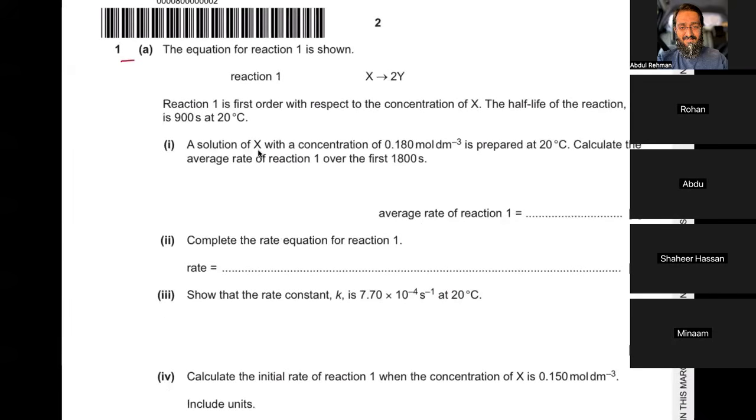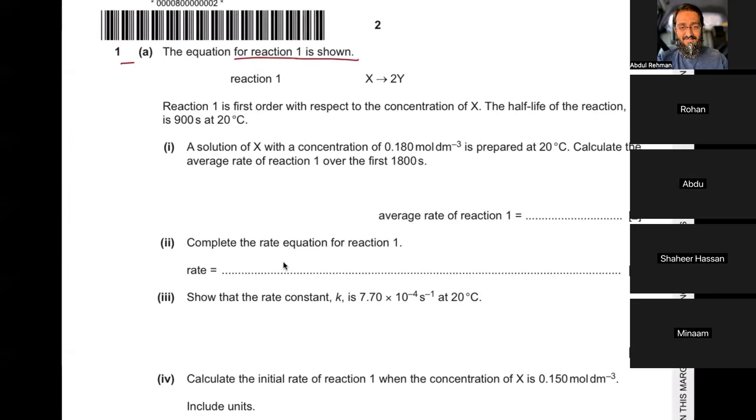The equation for reaction 1 is shown. Reaction 1 is first order with respect to the concentration of X. The half-life of the reaction is 900 seconds at 20 degrees Celsius.